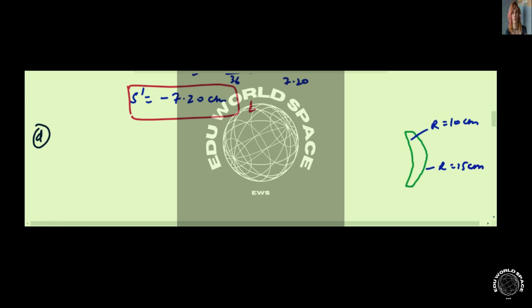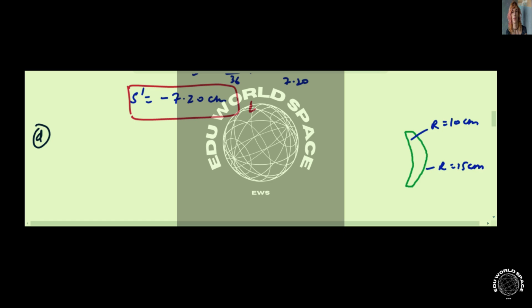Now in part D we have R1 10 centimeter and R2 we have 15 centimeter. We can write this is the combination of two converging lenses, or we can say one converge, one diverge.